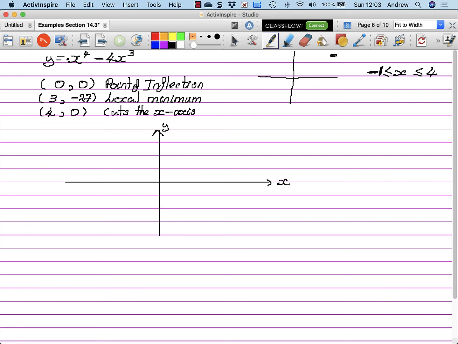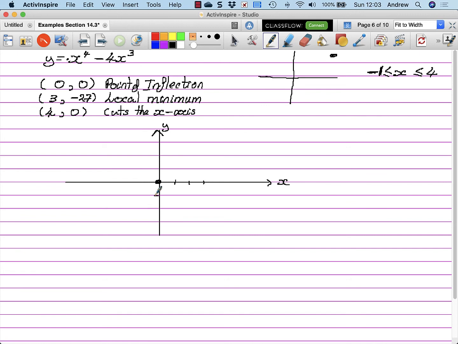And then you should put in the key points. The key points is that we have a point at 0, 0, which is going to be a point of inflection. We're going to have a point at 1, 2, 3, and we're going to have a point at 3, and that is a local minimum.